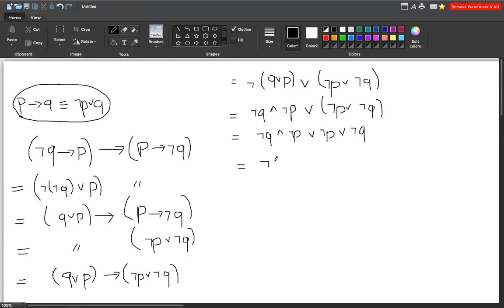So let's put them together, negation Q or negation of Q. And then we have this and over here, we put this negation of P, and then this or, this negation of P. So you just switch the terms like you do in algebra, when you're adding and subtracting.